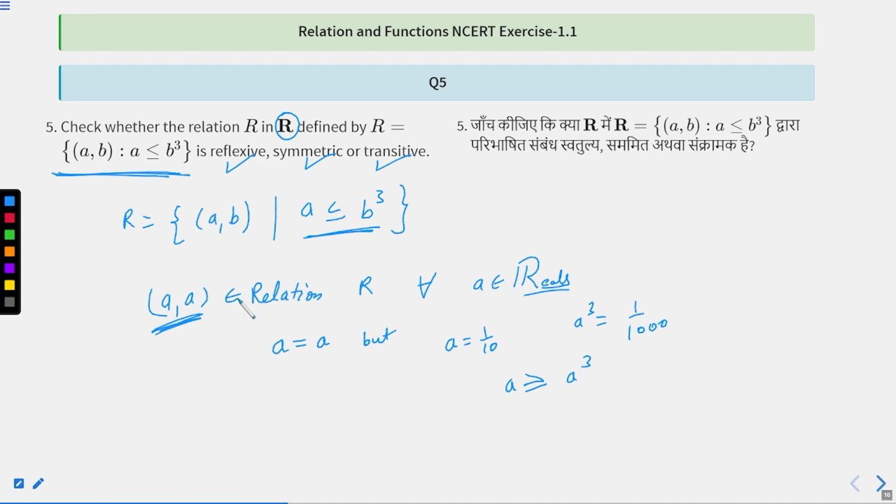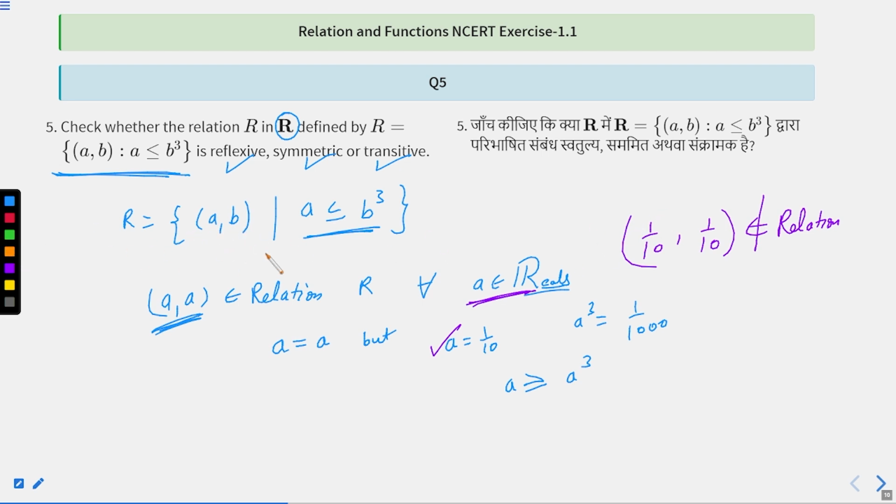So from this, I have a pair (1/10, 1/10) which does not belong to the relation R. And from this, I can say that there exists a from the real numbers such that (a, a) does not belong to R, which means this is not a reflexive relation.